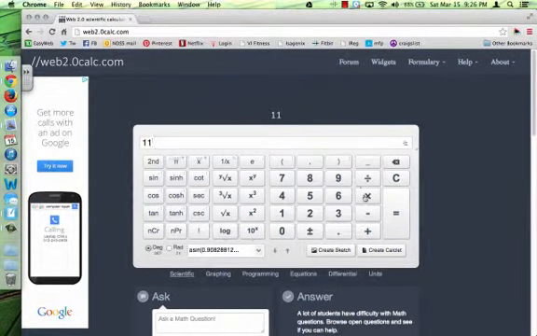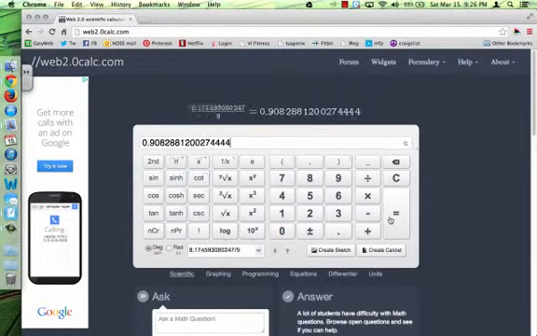11 times the sine of 48, press enter, divided by 9. And that's 0.908.